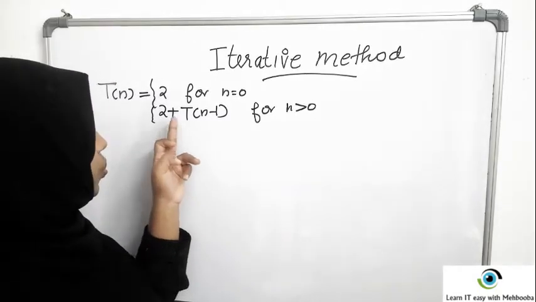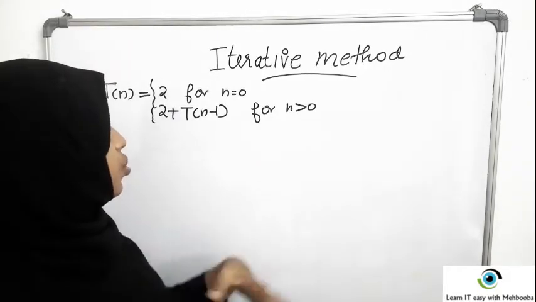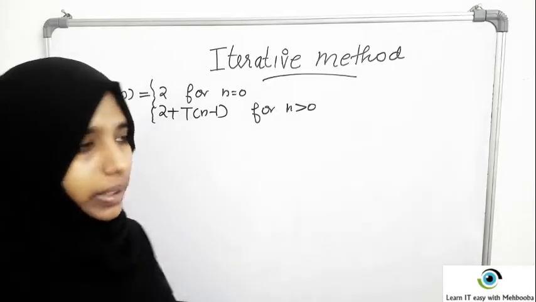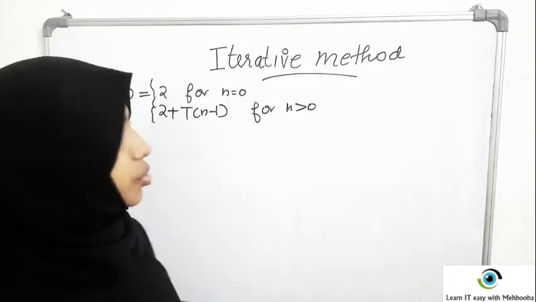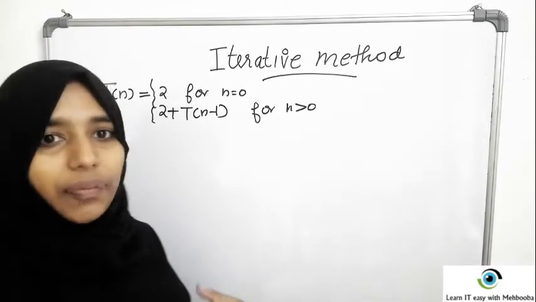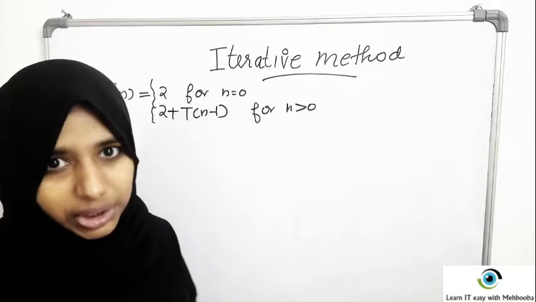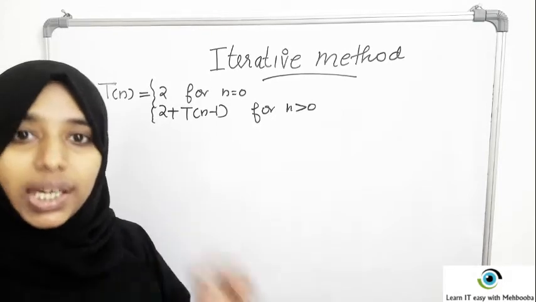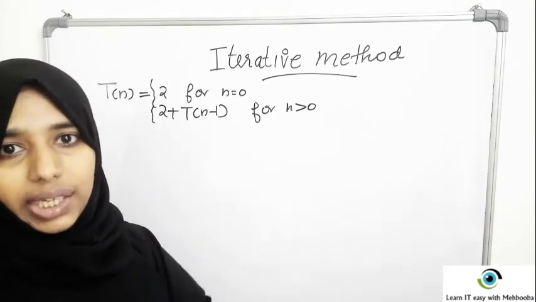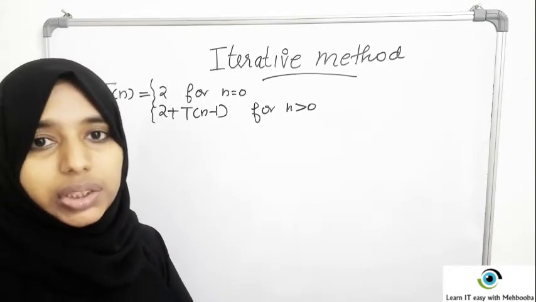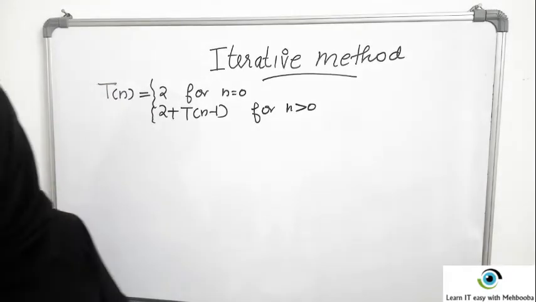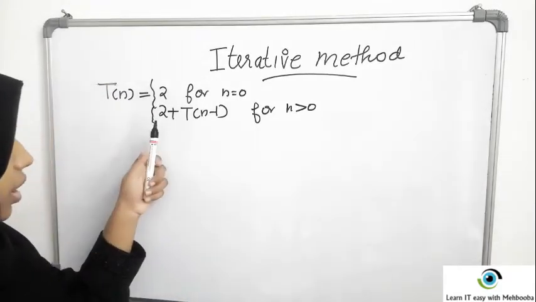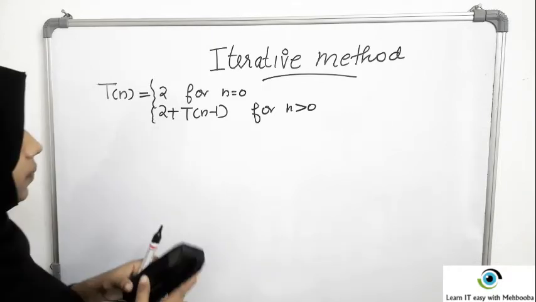But here it is 2 + T(n-1), and that is the worst case complexity because the complexity is pretty high here, isn't it? We usually analyze the worst case complexity of an algorithm because that is a guarantee that the algorithm will not take more than this time to run to its completion. So we will take the worst case complexity.